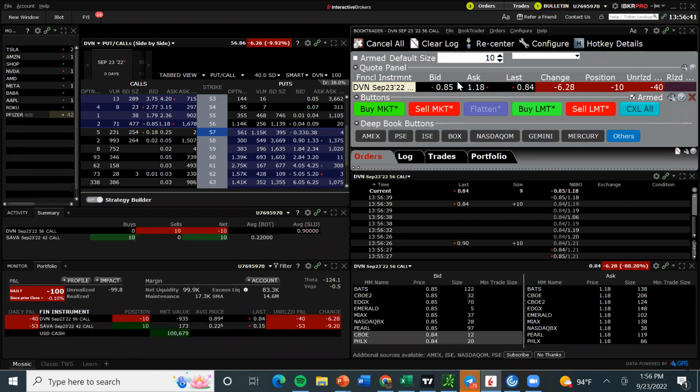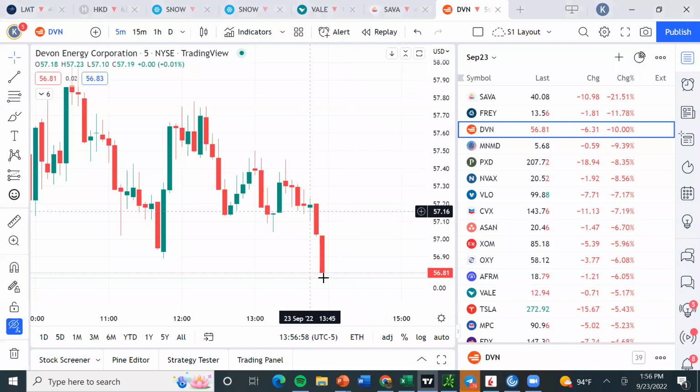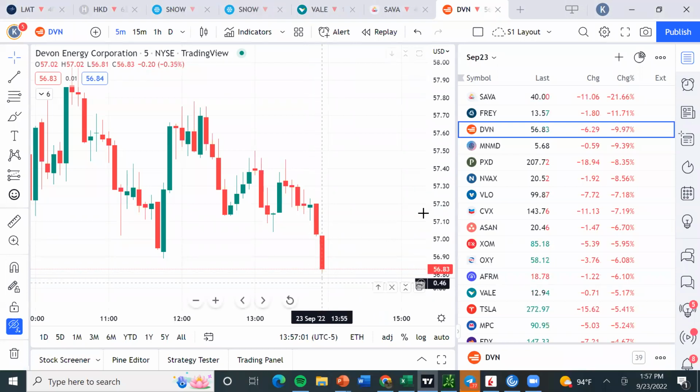Generally, based on the premium, if it is, for example, around $1 premium, then I sell it. I do this 3 or 4 times. Or you can start first and then as it keeps going down, you can add a few more contracts. Now if you see DVN, it is coming down.